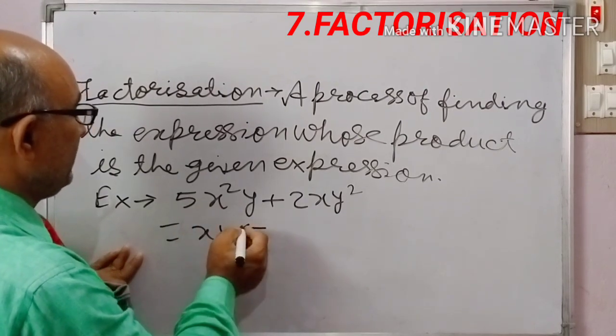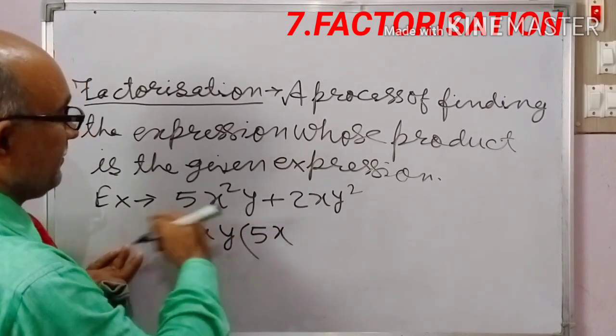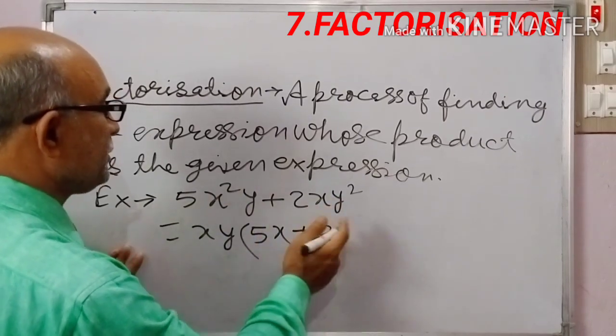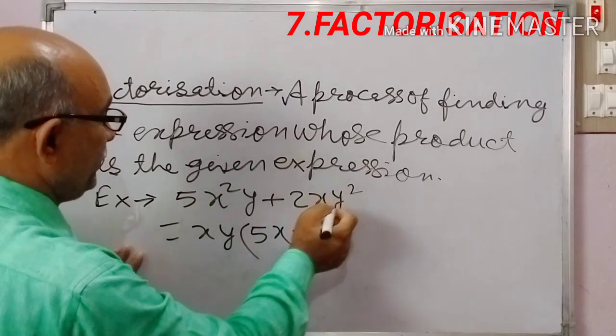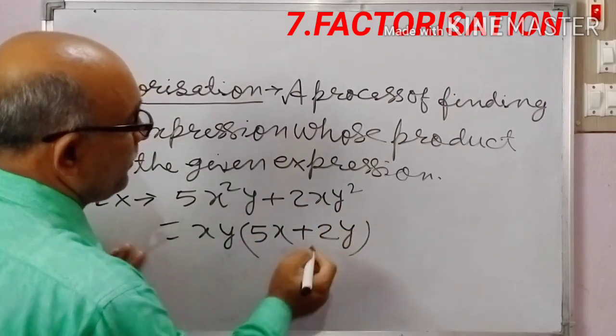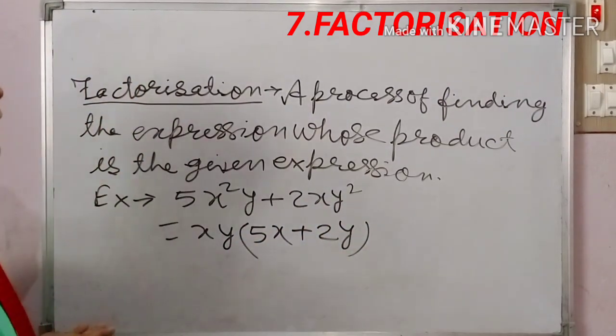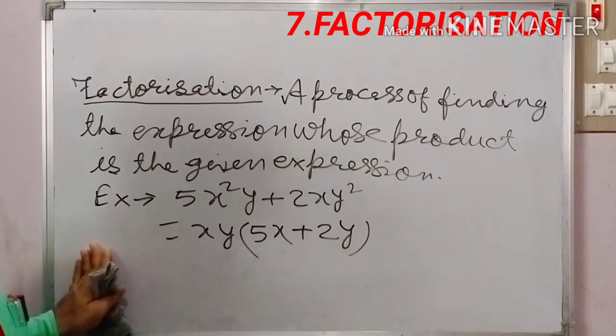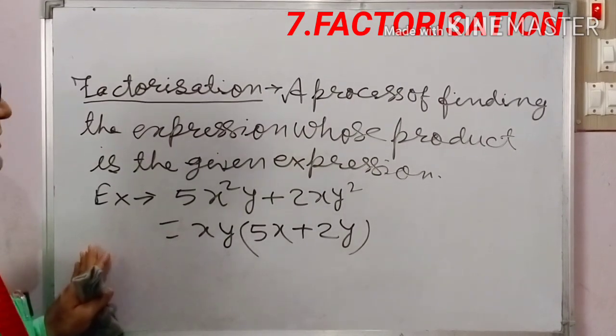In bracket, from the first term 5x y remains, plus from 2x y square, x y is common, so y remains. And note, factorization is the reverse process of multiplication. Write it.